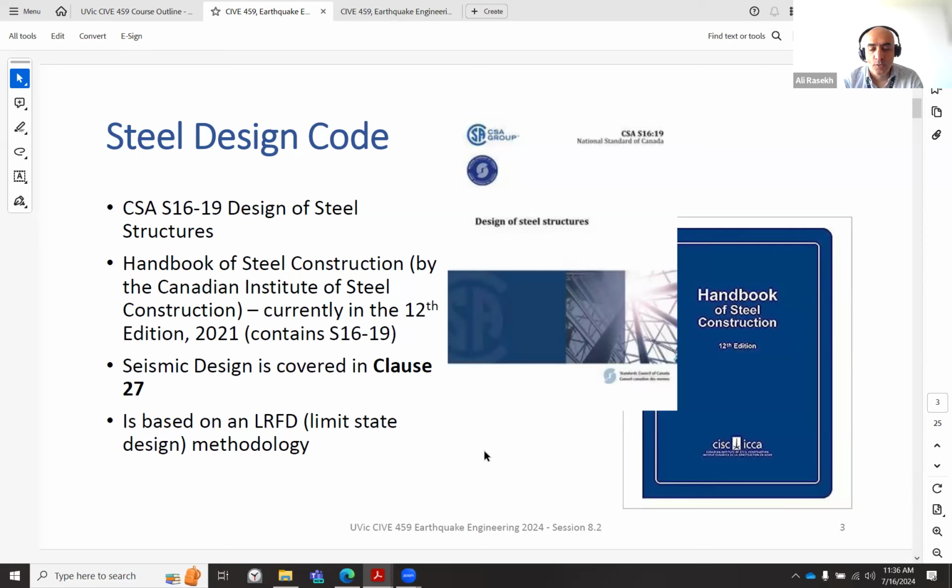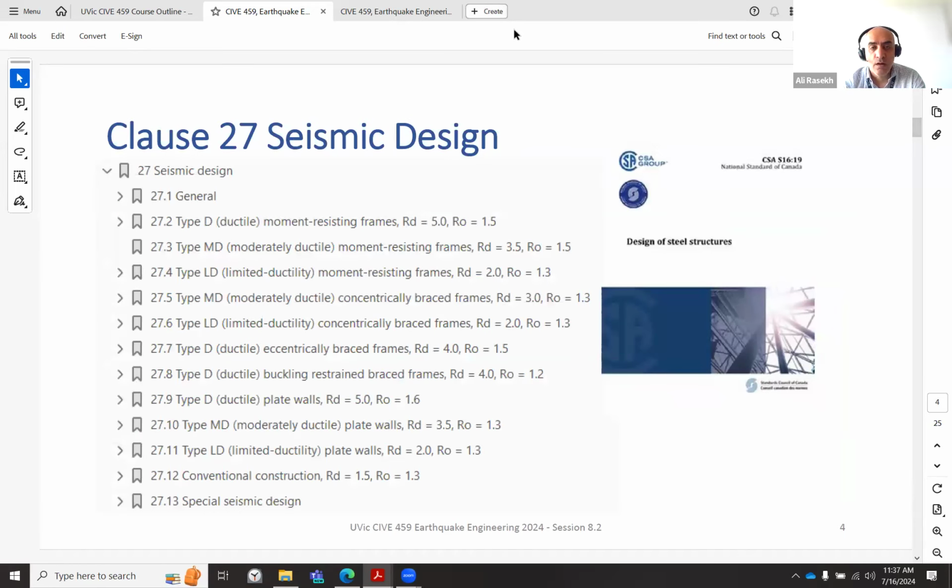Also, there is a Handbook of Steel Construction with a lot of nice tables that normally accompanies the code, and it's very useful in steel design. This design is based on limit states design, also known as LRFD. No comments, nothing in chat.